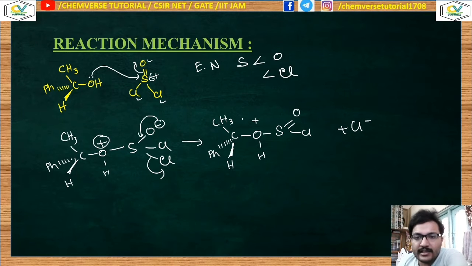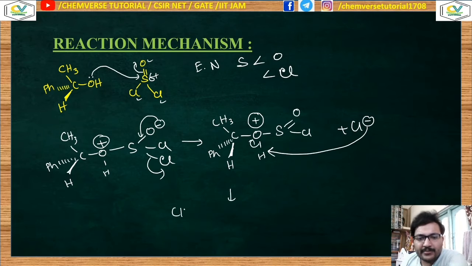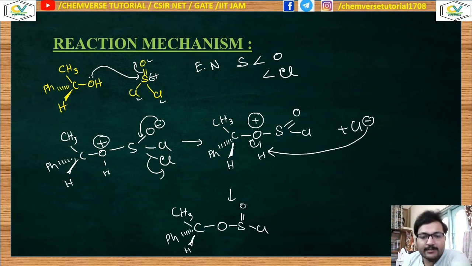Now the obvious step is that oxygen is positively charged, which is unstable, so that Cl minus will grab this H plus to make it neutral. So you will get this kind of intermediate. When Cl minus takes away the H plus, HCl will be one of the byproducts.